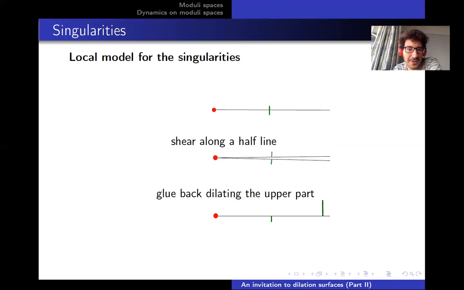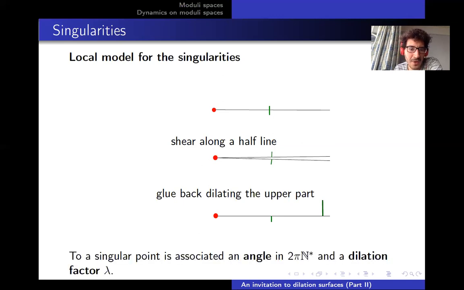So there it is. Now, because I could have done this construction on any angle, I have basically associated to such a singular point an angle and a dilation factor.